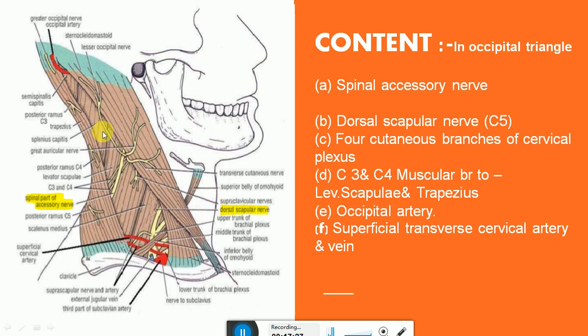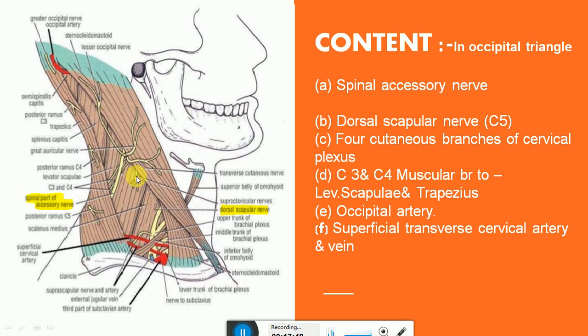The first one is lesser occipital. Second is greater auricular nerve. Third is transverse cervical cutaneous nerve. And fourth is the 3 supraclavicular nerves. Can you see these 3 branches?